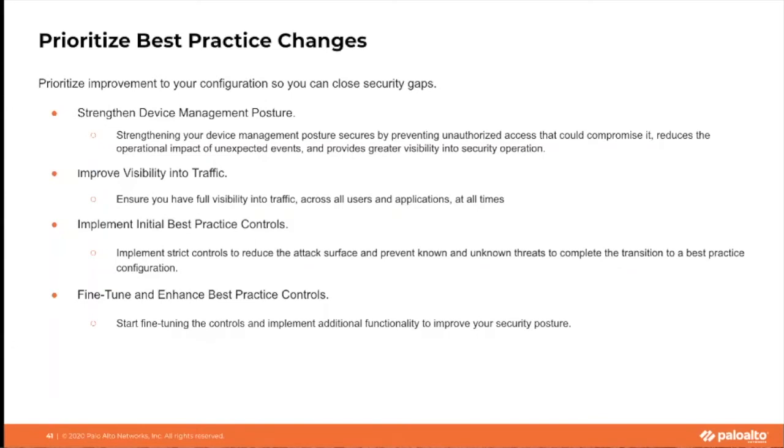After you gain the full visibility, implement initial best practice controls. Review the adoption summary. Follow the safe transition steps. Move toward the best practice security profiles, including implementation and strict control in the data centers.